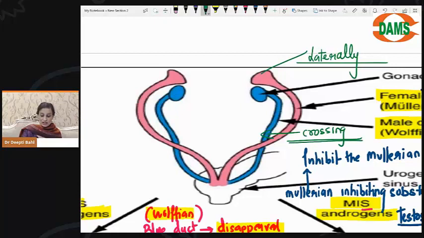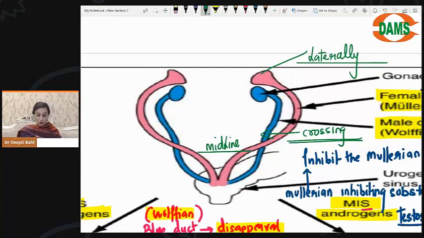So they are crossing the Wolffian ducts to meet in the midline. Yes? So the two Mullerian ducts are crossing the Wolffian ducts and they are going to meet in the midline to form the female internal genitalia, right?